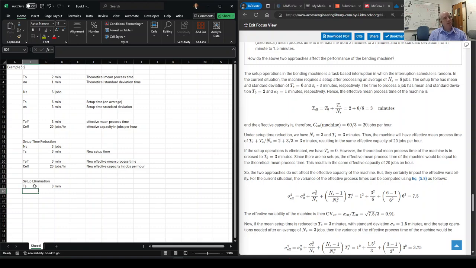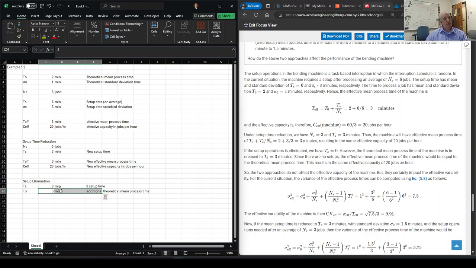However, the theoretical mean process time increases to 3 minutes. Additional theoretical mean process time, so it's taking us longer to produce. We're going from this 2-minute theoretical mean process time to 3 minutes in this particular approach. And that's where this 3 is coming from here.